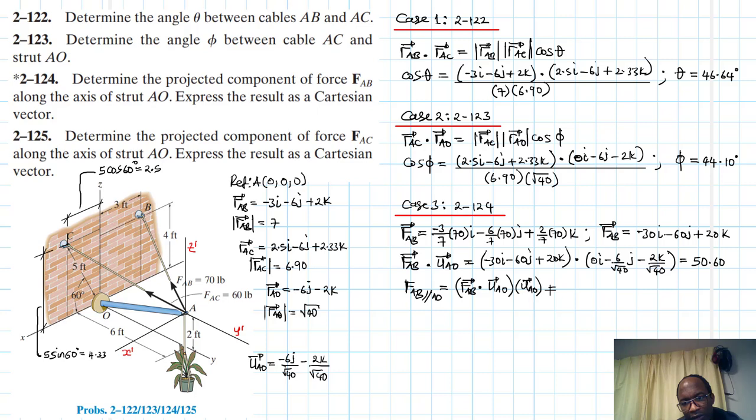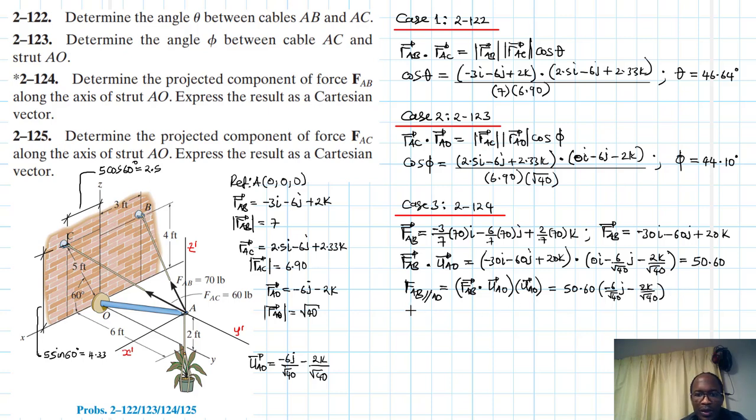So this is just going to be equal to 50.6 times minus 6 divided by root of 40 j minus 2k divided by root of 40.